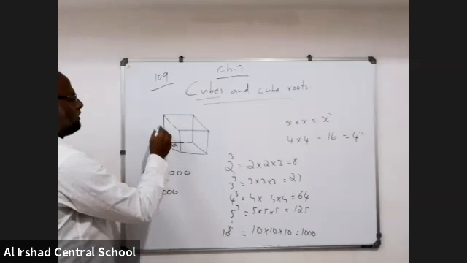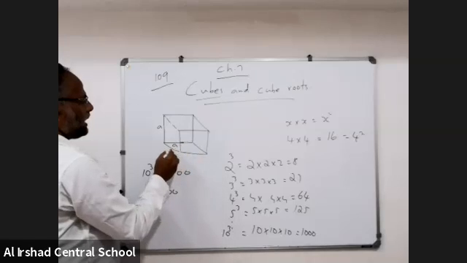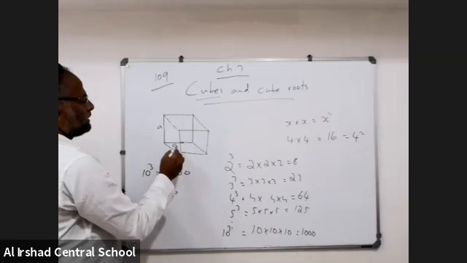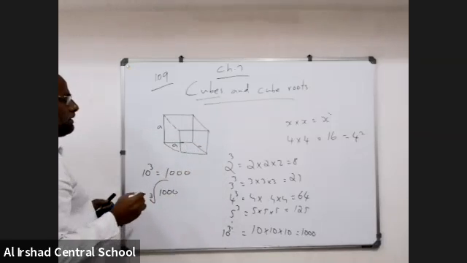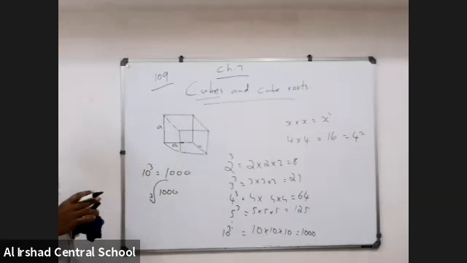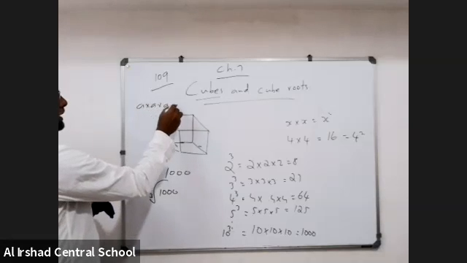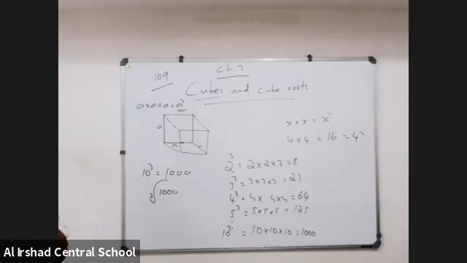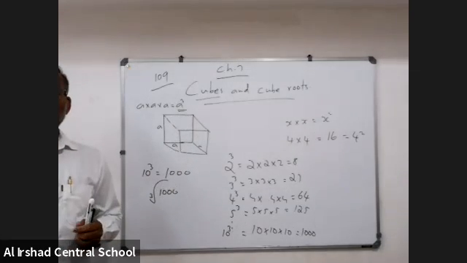Length, breadth and height will be the same, a. So volume of a cube, that means a into a into a, that is a cube, or a to the power of 3.